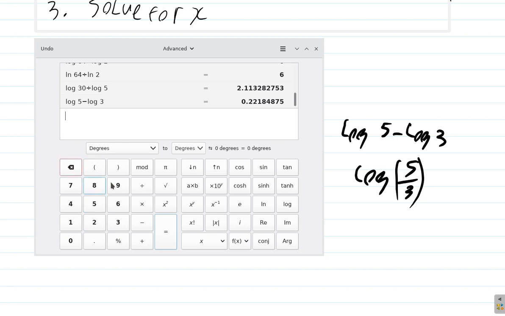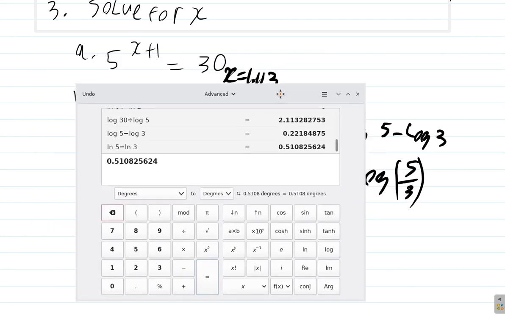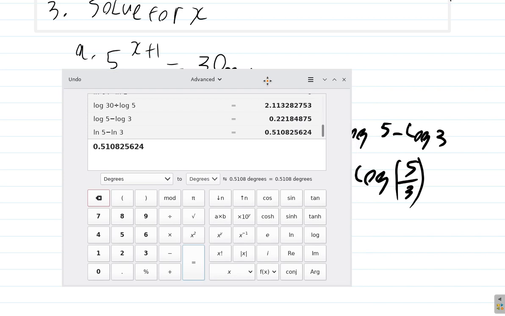ln 5 minus ln 3 equals 0.510, but that's because we use a different base.